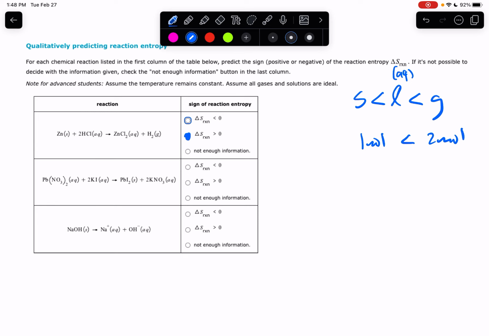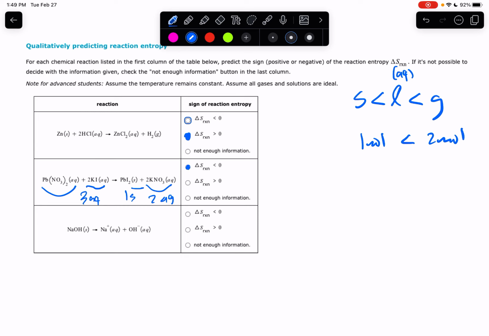Overall, this side is going to be less disordered than this side, because here we have 2 aqueous and 1 aqueous, and over here we have 2 aqueous and 1 solid. So 3 aqueous on this side and 1 solid and 2 aqueous loses. So the overall change in entropy on this side is going to be negative.